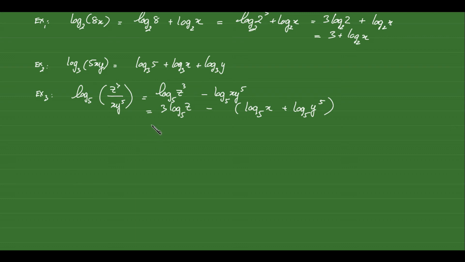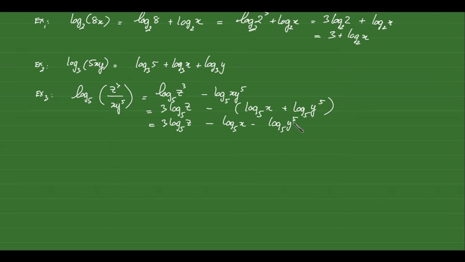Then we can go ahead and distribute the minus in, so we get log base phi of z to the third minus log base phi of x minus log base phi of y to the 5th power.